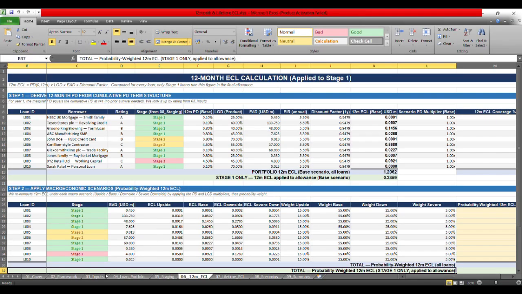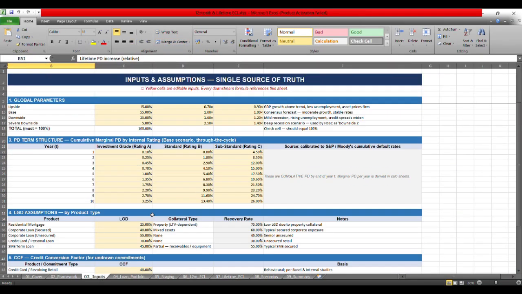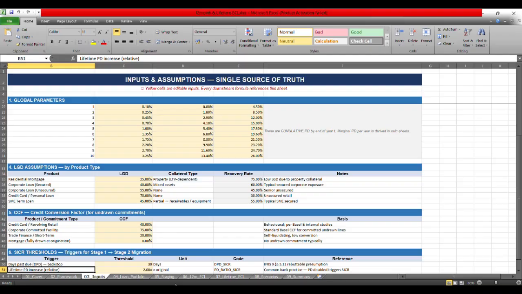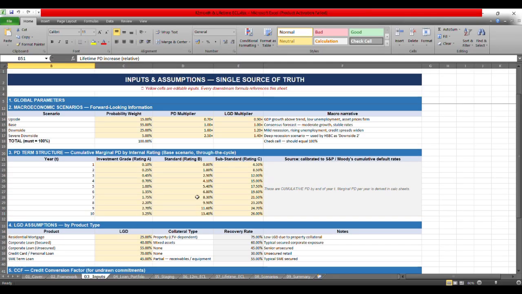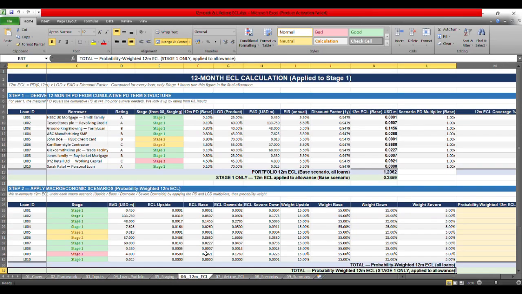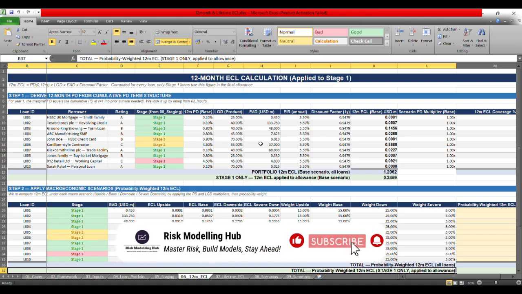LGD I have already shown you in the inputs table. Here I have taken the LGD assumptions from there, and the 1 year PD is pulled from the term structure based on the loan rating. So based on these ratings, from this particular input table, this is allocated.